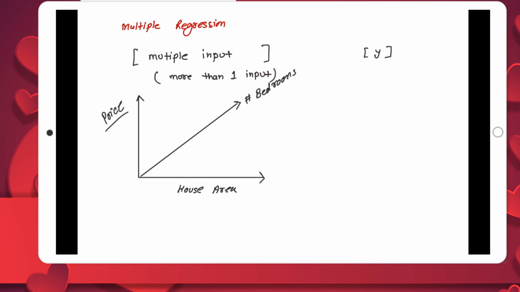Now these two inputs have become multiple input. That is why whenever we predict output, that means the price of that house, we are going to use bedrooms and house area, and then in this case it will become a multiple regression. All right.